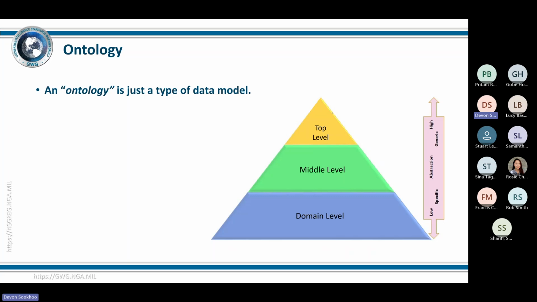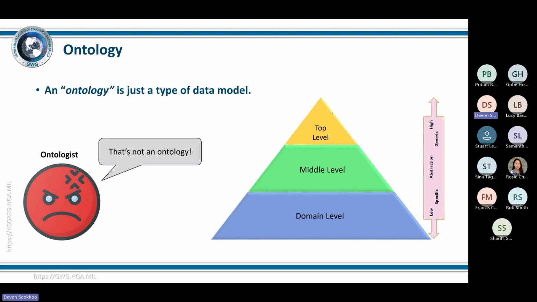Okay, so real quick, when I say ontology, that's really just a type of data model. Never say that to an ontologist, but for the purposes of today, we'll just say that an ontology is a data model. There are three levels of ontologies: top layer, middle level, and domain level. The IDO, which stands for Imagery Domain Ontologies, sits at the domain level.